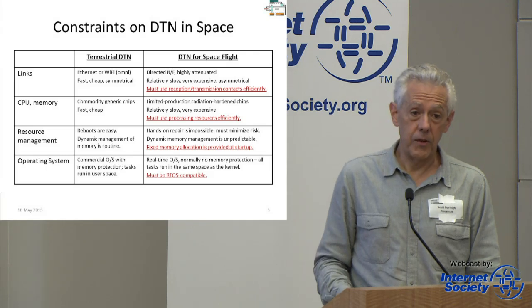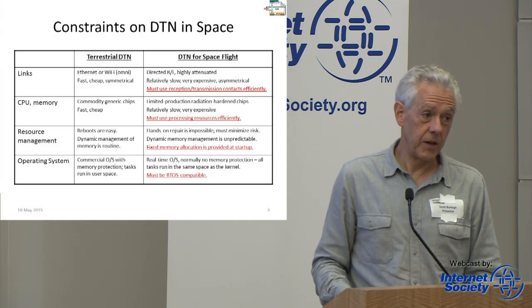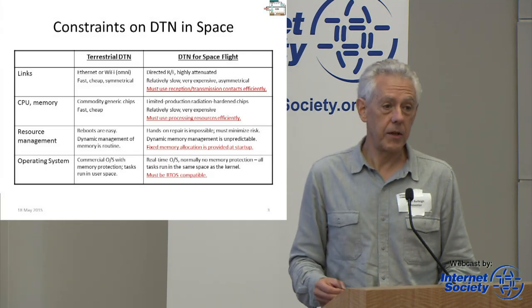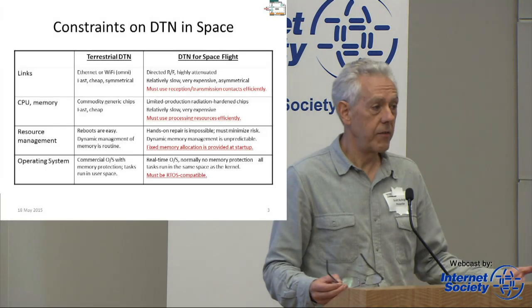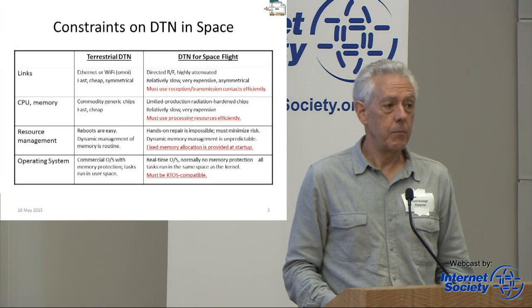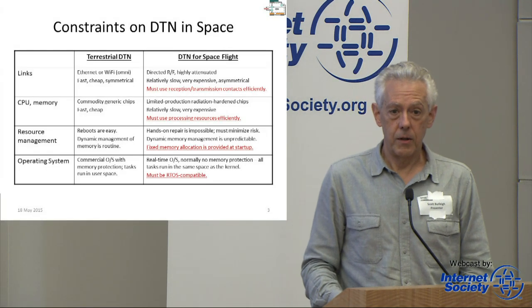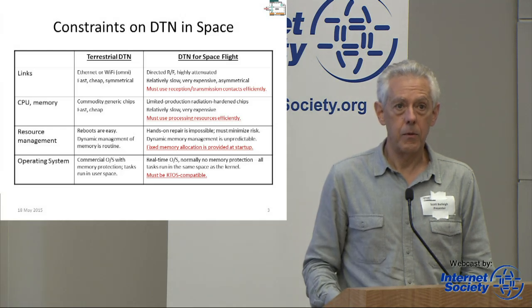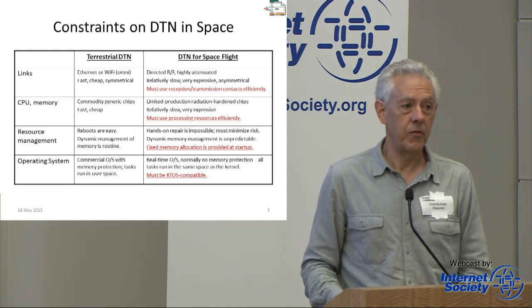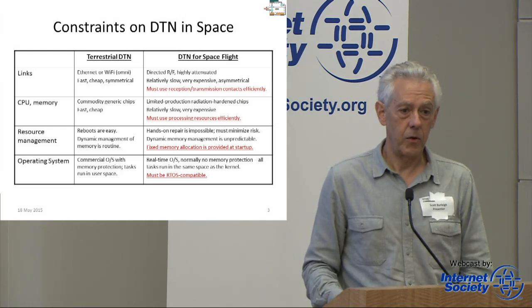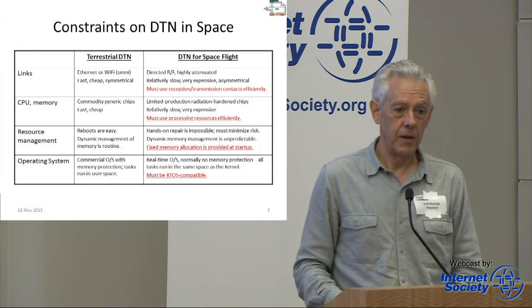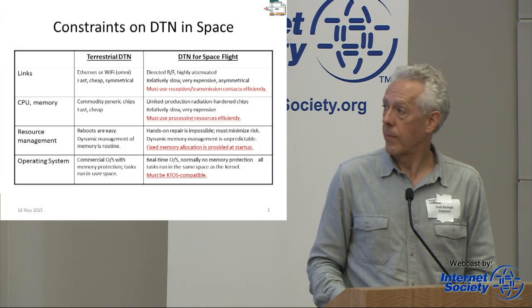So there are these real-time operating systems. Typically, there isn't any memory protection. I'm thinking of things like VxWorks, where everything sort of runs in the same memory space, so you don't have the same advantages of memory protection that you have in, say, Windows, for example.